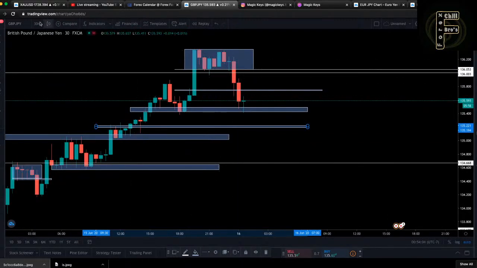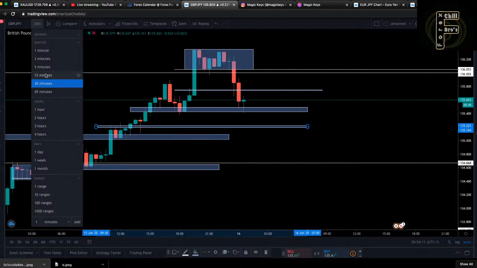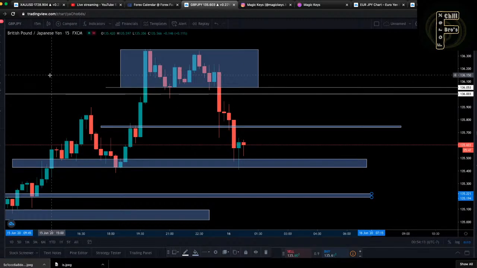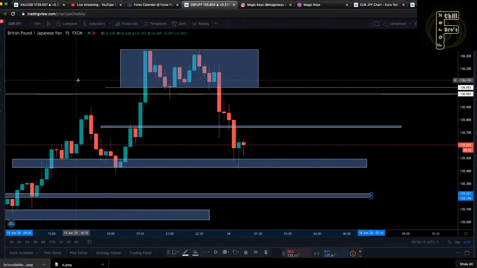The 30 minutes is flipping bullish, but we're having this candle I don't like. So see how it plays. We're closing in 5 minutes.